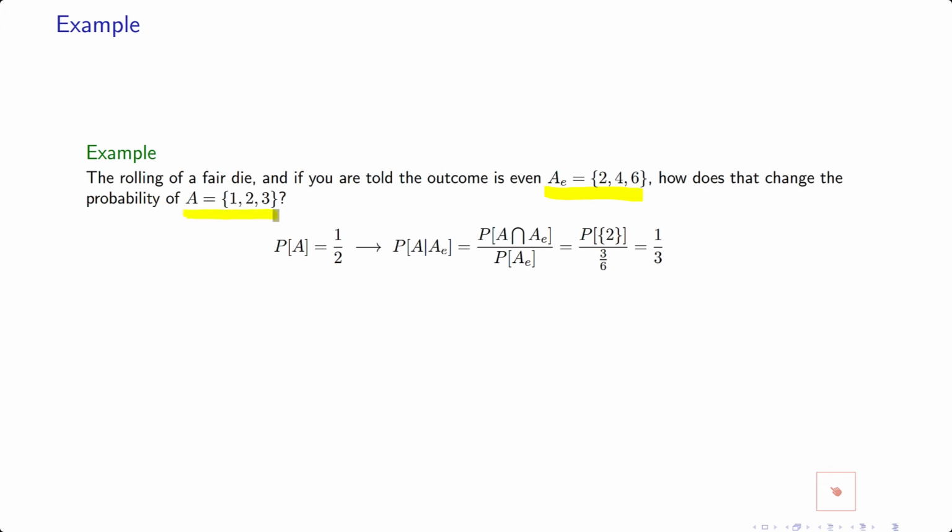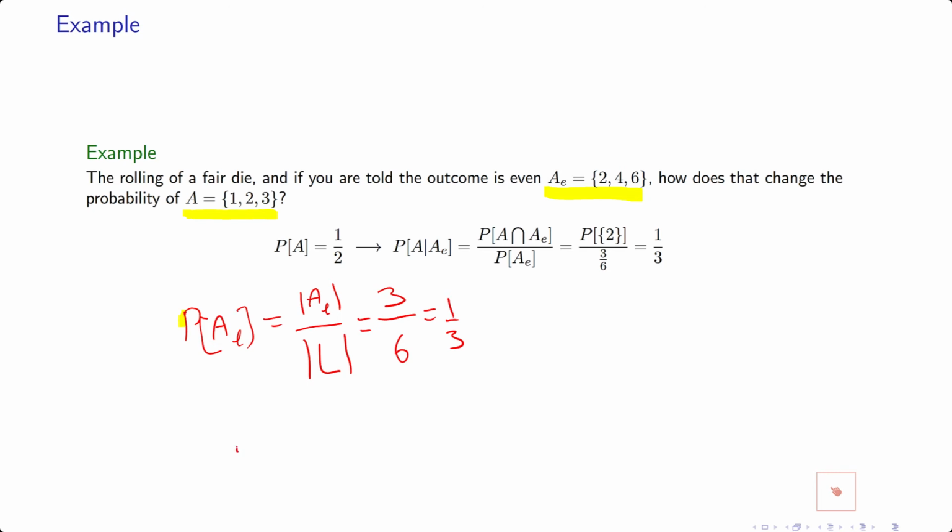So the probability of A is 1/2. The probability of AE is equal to the size of AE divided by the size of the sample space. This one has 3 members, the space has 6 members, and so this is also equal to 1/2.